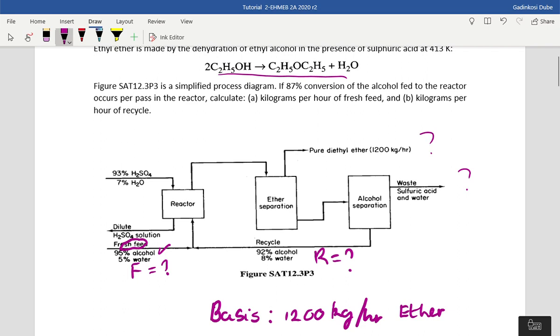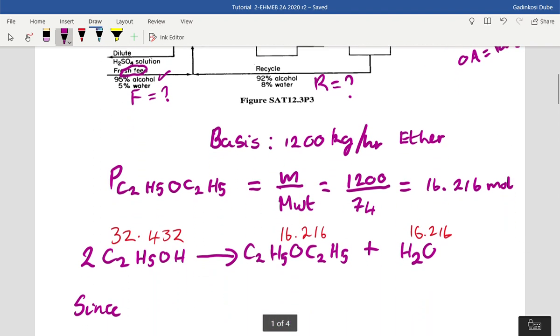It just shows you that all the alcohol that came into the system reacted overall to its maximum capacity, which means at the end of the process there's no alcohol. Okay, so you do not have alcohol produced here. So that simply tells you that you can assume that your overall conversion is 100%. The fact that there's no alcohol produced means all the alcohol that came into the system reacted completely to be transformed to the ether and H2O.